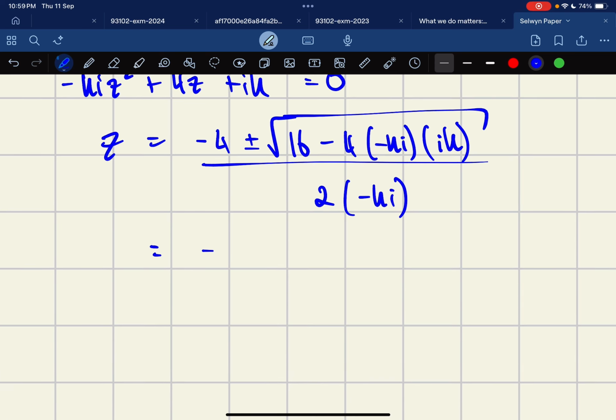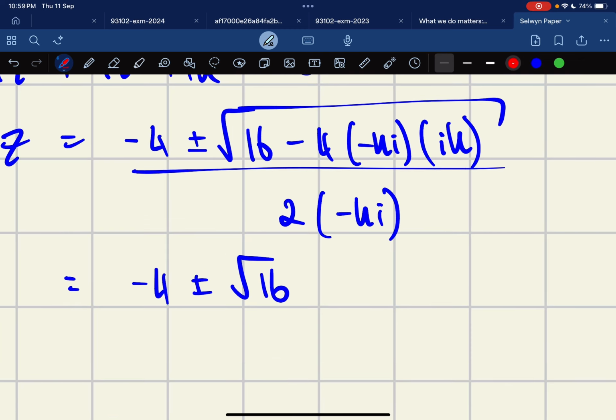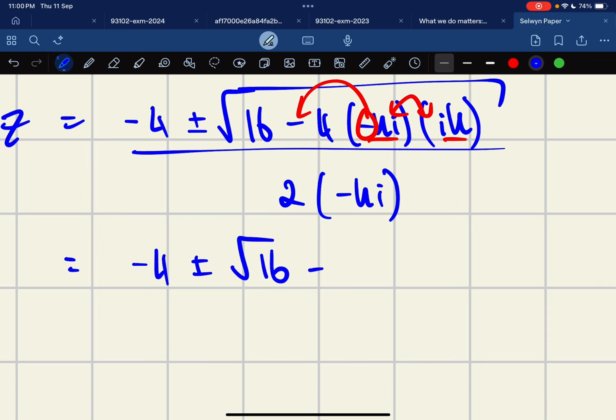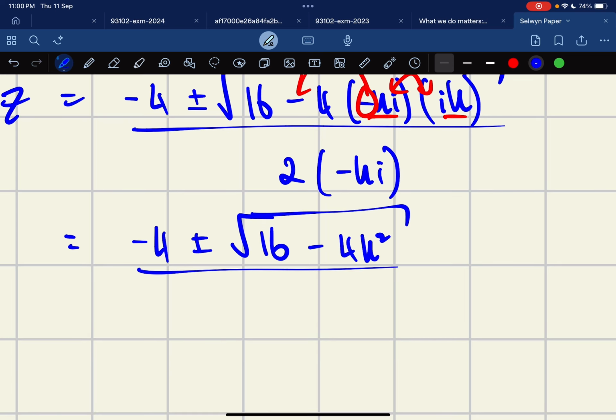So then this gives me negative 4 plus minus the square root of 16, and I've got here negative ki times ik. Well, they're the same thing. This negative in front multiplies with the negative there to give me positive. But then I've got i squared over here, which gives me a negative. So it's a negative times a negative times a negative. The 3 negatives overall give a negative. So it's minus 4k squared over negative 2ki.